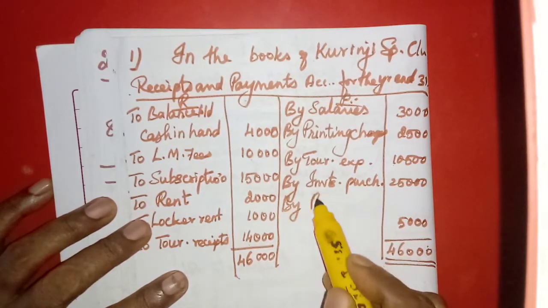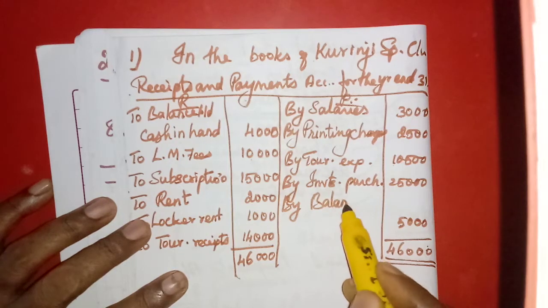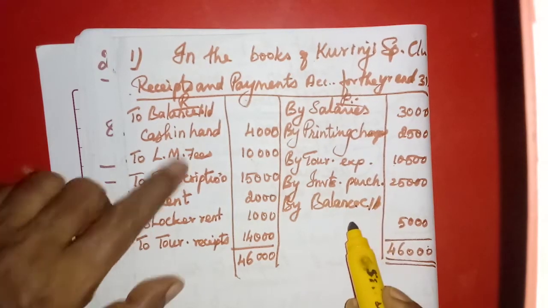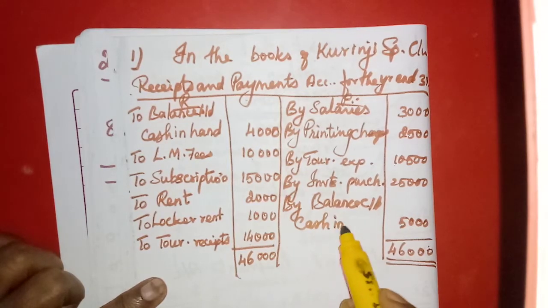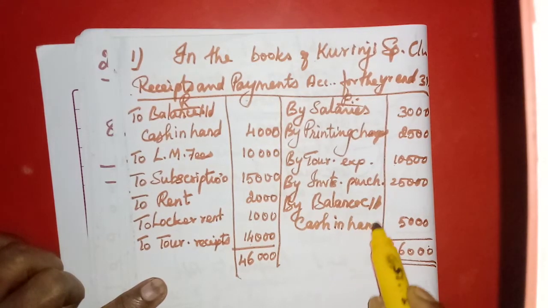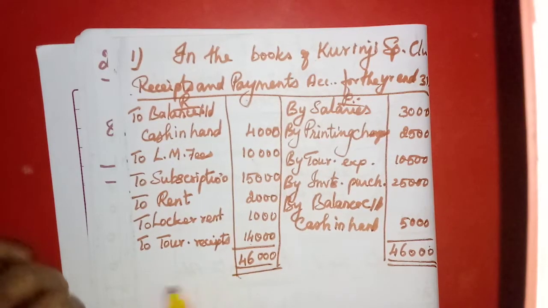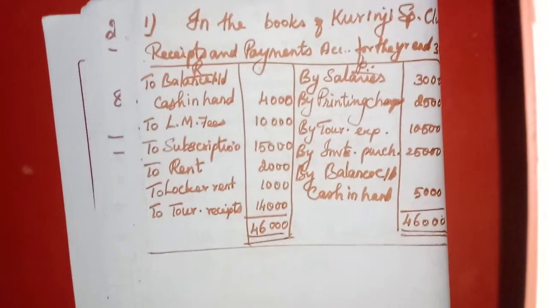So by balance carried down, here cash in hand, so here also we should write cash in hand 5,000. So our answer is correct.